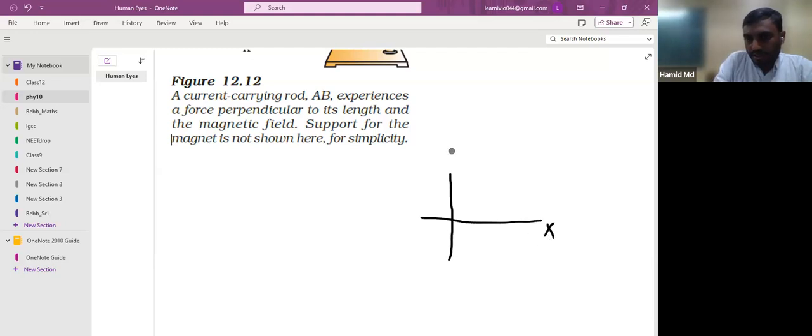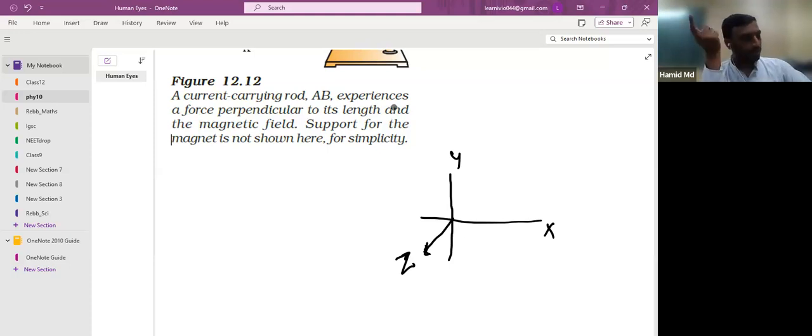This is X, this is Y. So I'm rotating my hand like this. This is Y, this is X. So the thumb will give you the Z direction. We are going counterclockwise, so as we move counterclockwise, it will come out of the surface.